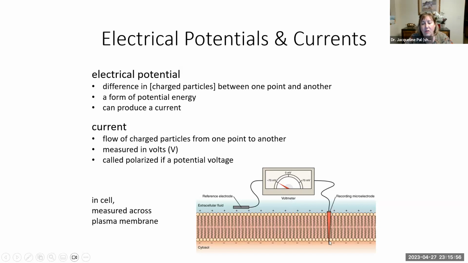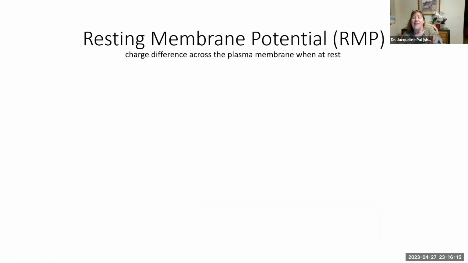And then you have a little microelectrode, because we're talking plasma membrane, and it goes across the entire plasma membrane from the extracellular space into the cytosol. As you can see, this one is reading a minus 70 millivolts. And that is what we call the resting membrane potential.